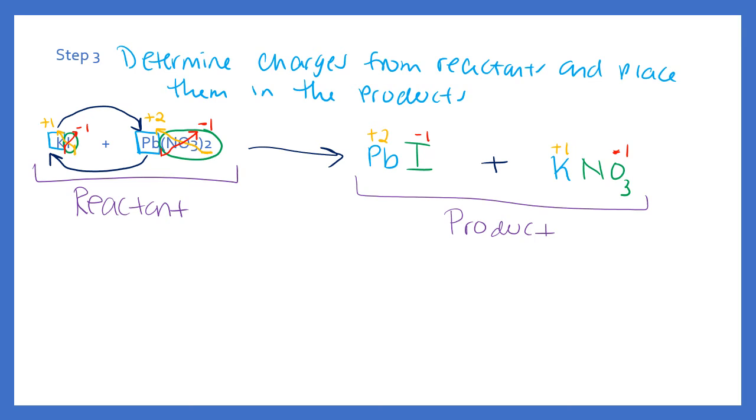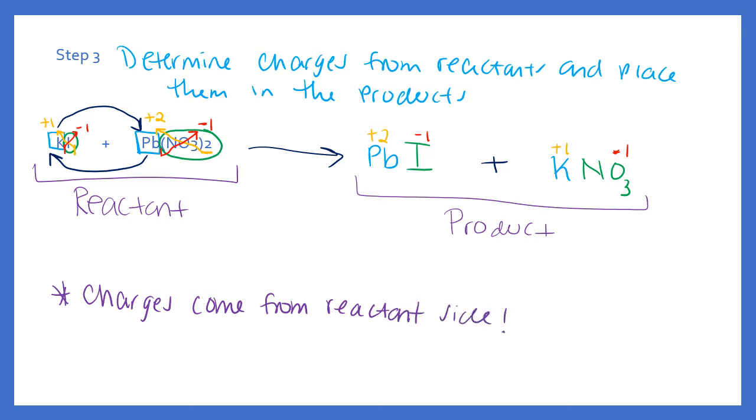So for double displacement, you will get your charges. Charges come from the reactant side.